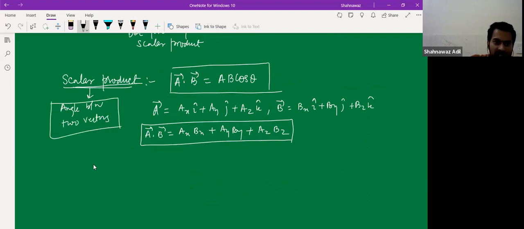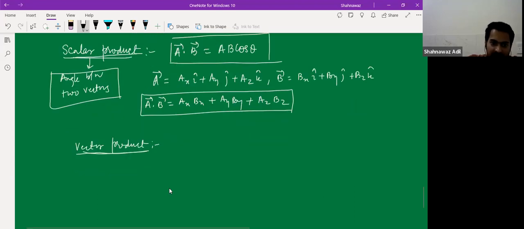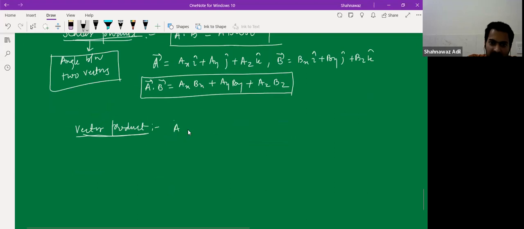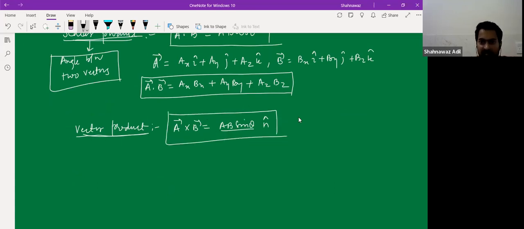Okay, and the next multiplication is the vector product. In the vector product, this is defined like this: A B sine theta, and this must have some direction. So that is defined by this n. So n hat is the unit vector, which tells the direction of the cross product.